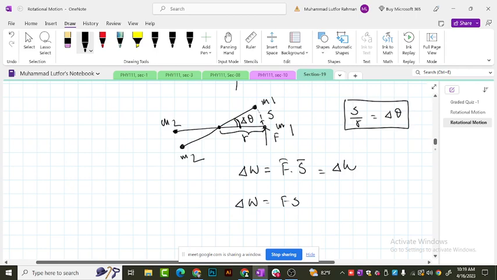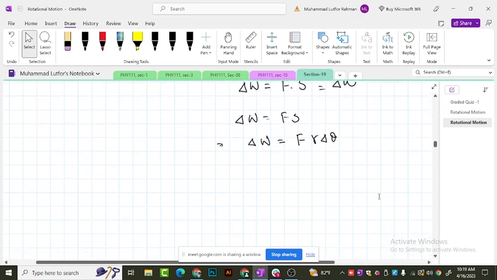I use the definition, and then I can say S should be r into del theta, right? So I'll simply write del W would be F, instead of S I'll write r into del theta, right? Let's keep it at that. I'll use this.